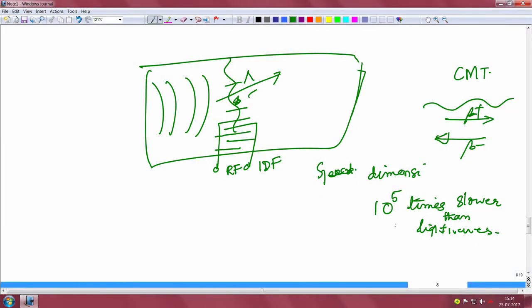The sound waves in crystals are typically 10 power 5 times slower than the light waves. So, you can think of in terms of velocity, I am talking in terms of the velocity of sound wave compared to the velocity of light waves. And we can use the relationship with the frequency and the wavelength.